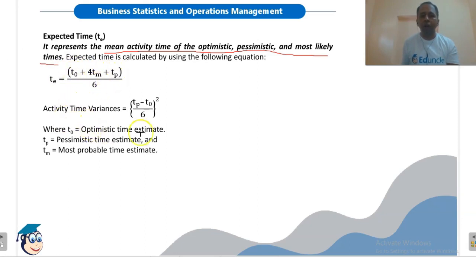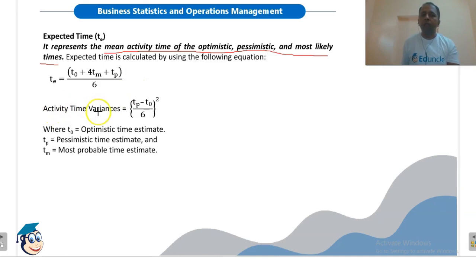Here To is the optimistic time, Tm is the most probable or most likely time, and Tp is the pessimistic time. So this is the formula to calculate the expected time of an activity in PERT, especially. It is used only in PERT, not in CPM.